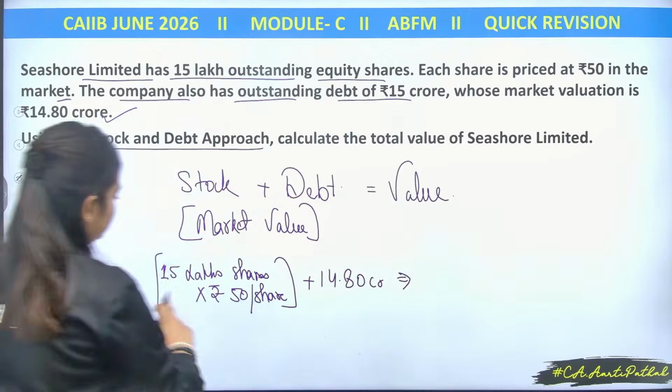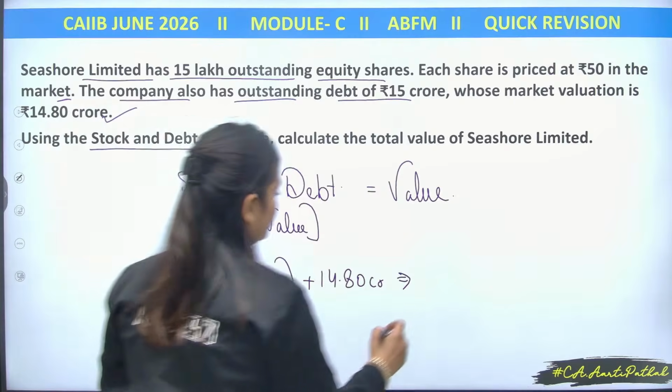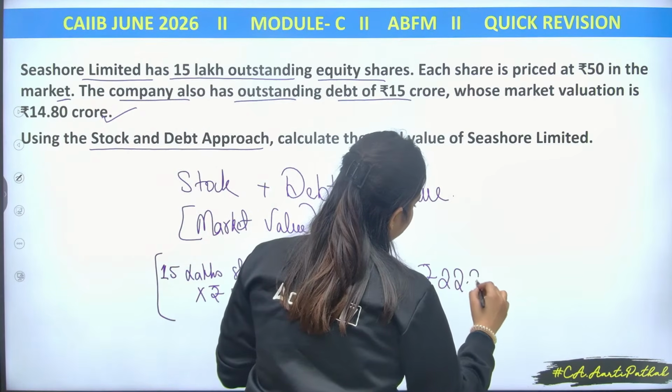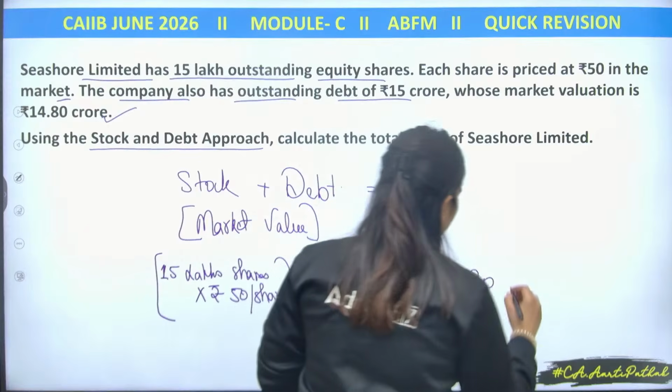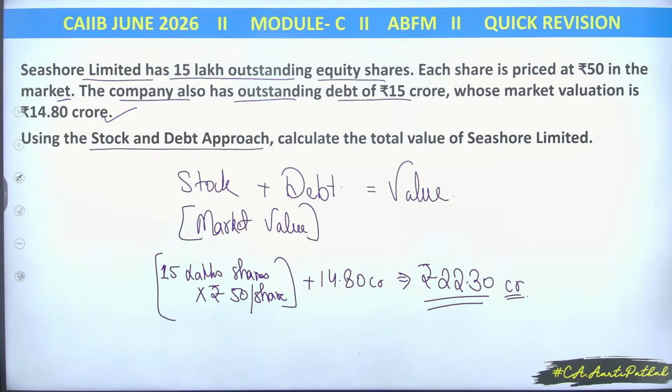So just add this to the equity valuation. 15 lakhs into 50 gives you 7.50 crores, plus 14.8, that is equal to 22.30 crores. So the total valuation as per the stock and debt approach is 22.30 crores. This is the total valuation of She Sure Limited, one of the very easy methods.